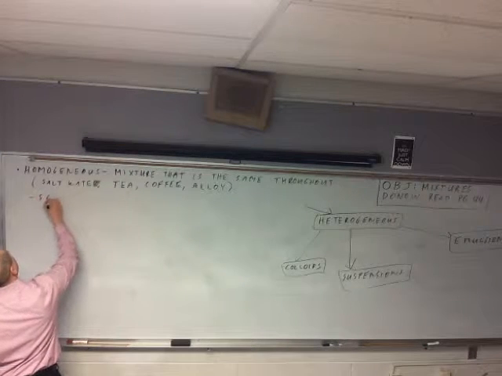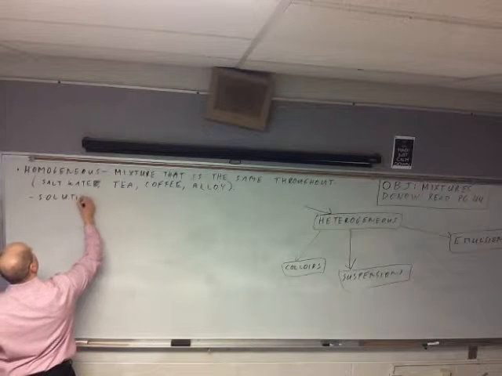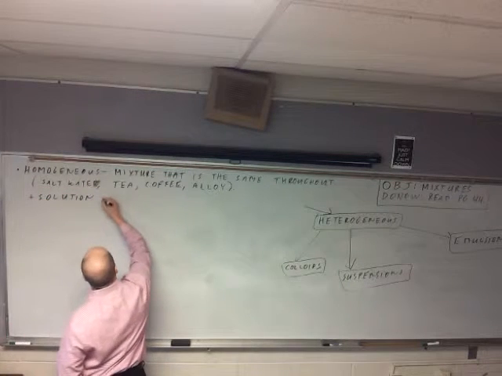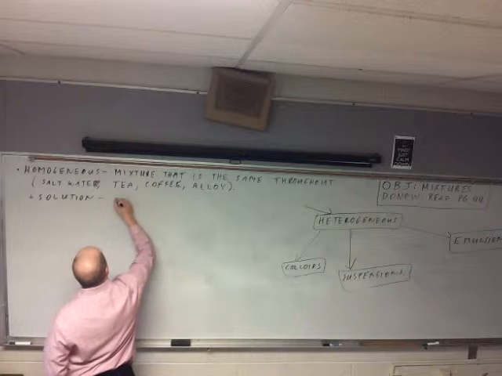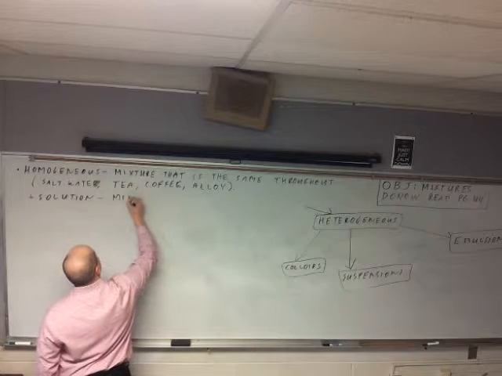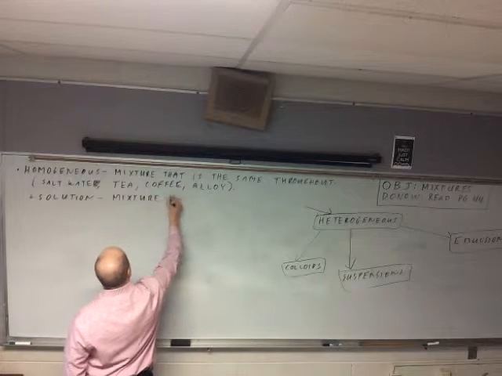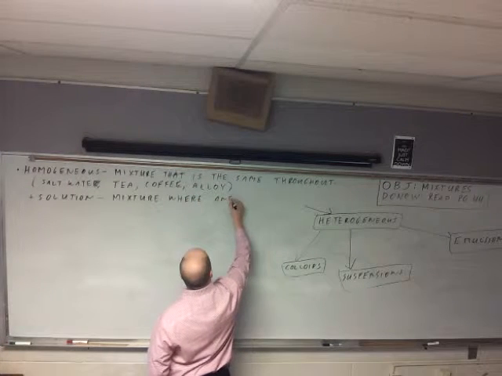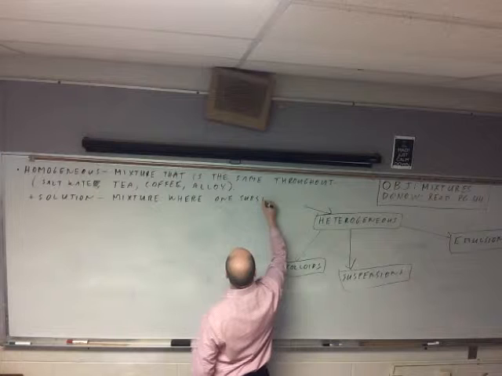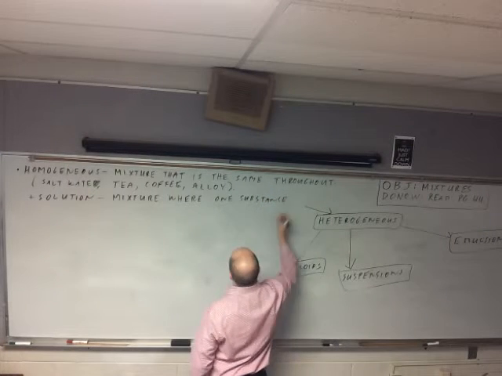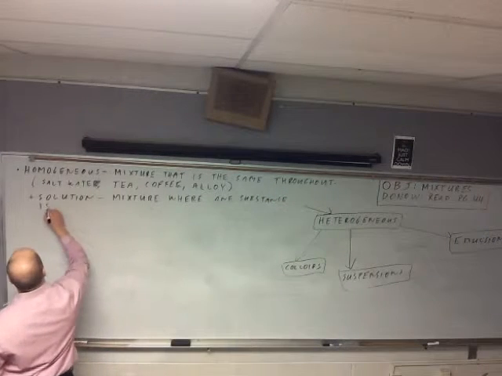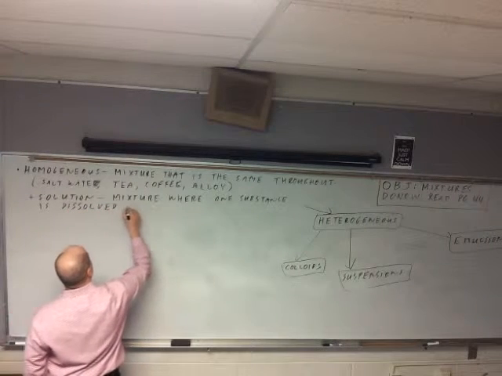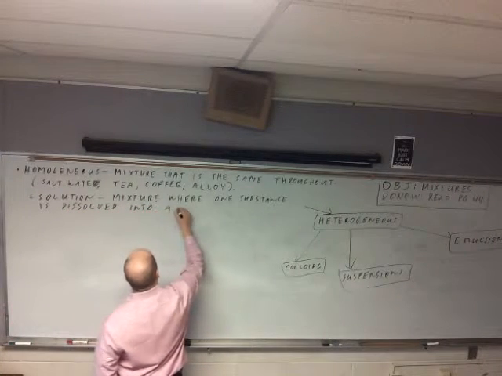So for solution, which is the only type of homogeneous mixture we're going to talk about, we're going to say a mixture where one substance is dissolved into a liquid.